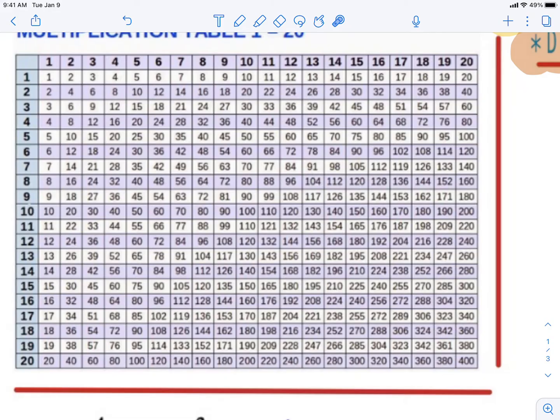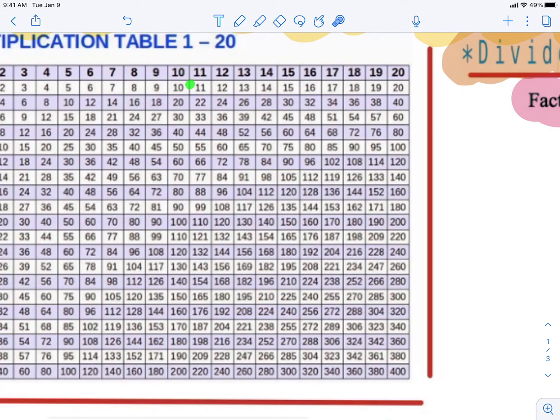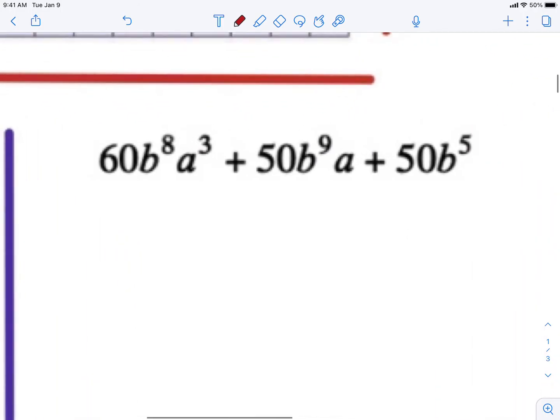So 60 and 50, right? Where can I find them on the same? Well, 60 and 50 is easy, right? Because I know these divide by 10. So I'm going to look at 10 here, and 50 and 60. Perfect. So I know I have to divide by 10, right? So I'm going to go over here, and I'm going to divide all 3 of these terms.